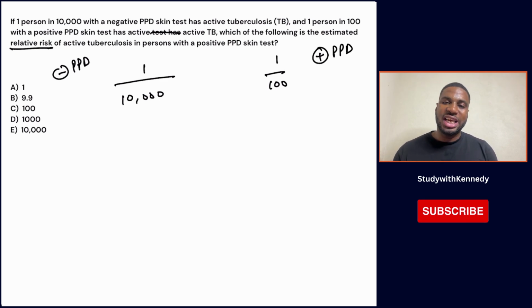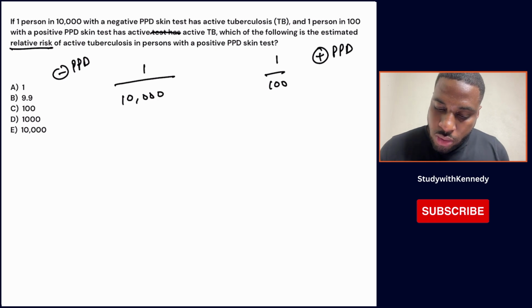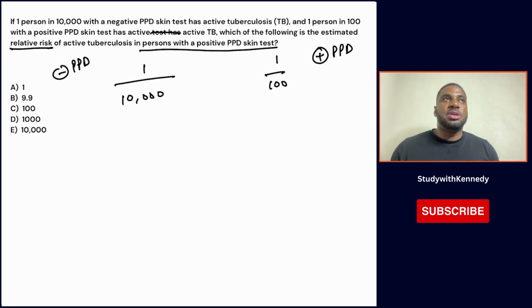Which of the following is the estimated relative risk of active TB in persons with a positive PPD skin test? This question might seem slightly challenging for a number of you, but I hope you paused the video and tried to solve it yourself. What is the relative risk of active TB in persons with positive PPD skin test?